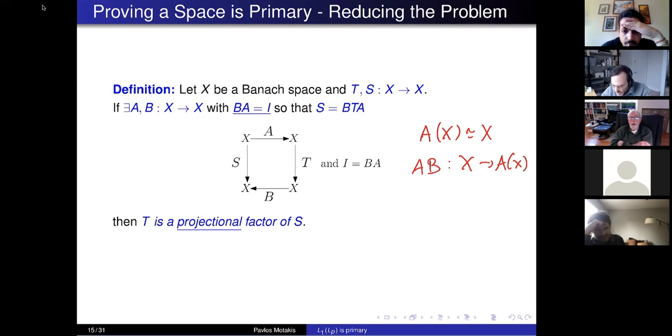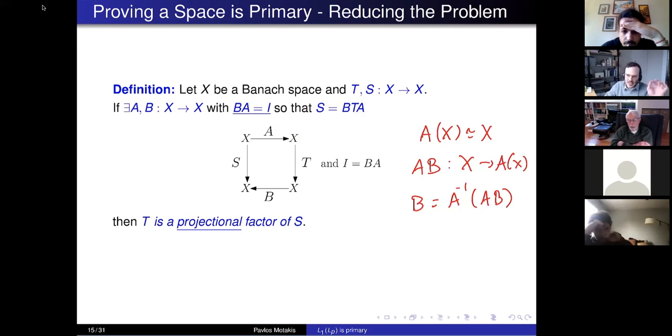And then you can write B, of course, as A inverse times AB. And this inverse is well defined because A is an embedding onto its image. So you can define its inverse, and AB is a projection to this image. So this is well defined. What this basically captures is that S captures the behavior of T on a complemented subspace of X which is also isomorphic to the whole space.